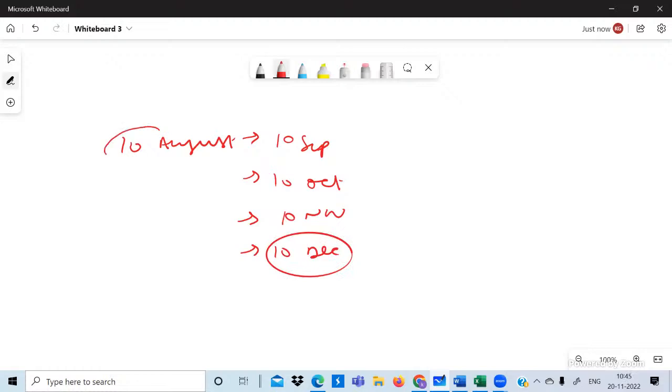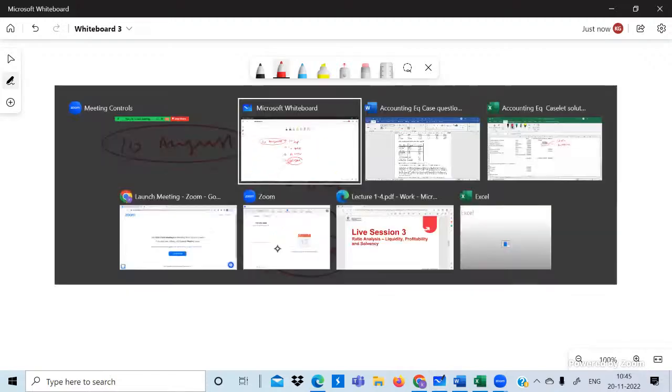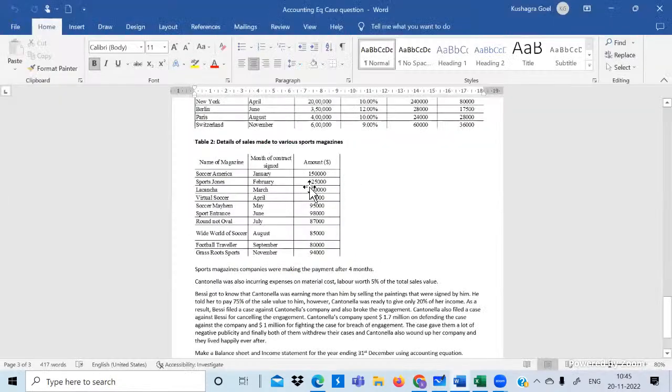Whatever you're selling in the month of August, you will get the money in the month of December. So again, I will take that as an inflow, not as a part of the recoverable amount. So all the amounts till the month of August, that is till 85,000, starting with 1,50,000 till 85,000, all this has been received. Amount yet to be received is just the last two, which is 80,000 and 94,000.